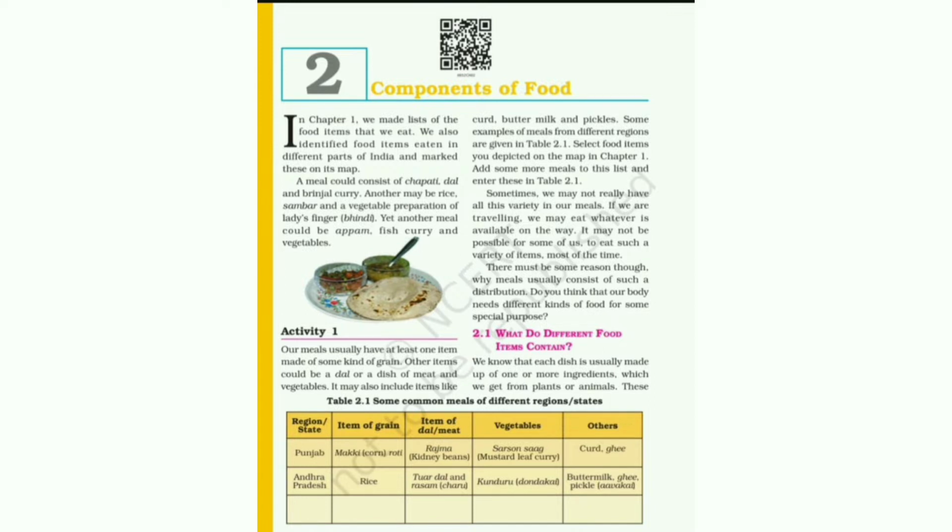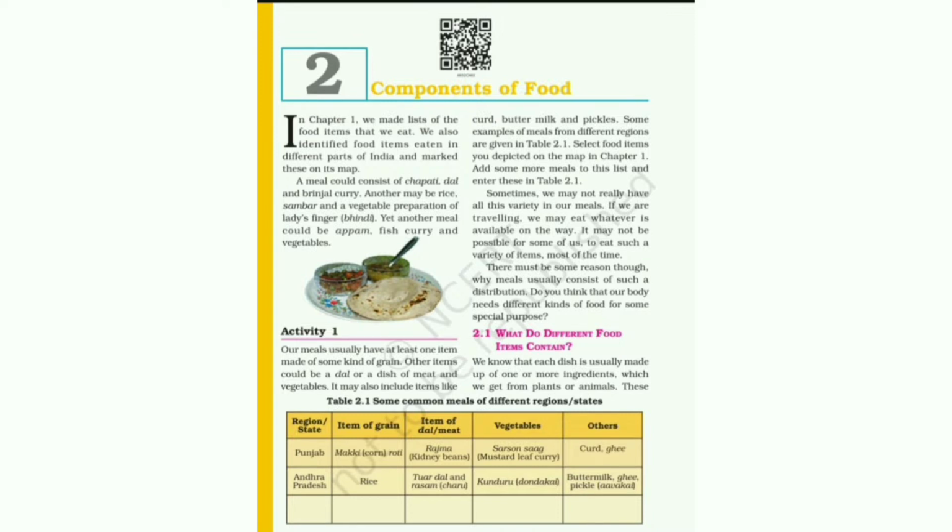When we eat rice, we add some curry, salad and pickle to it. And when we eat chapati, we add some curry, curd, pickle, buttermilk, etc. Different regions of people like different food items.